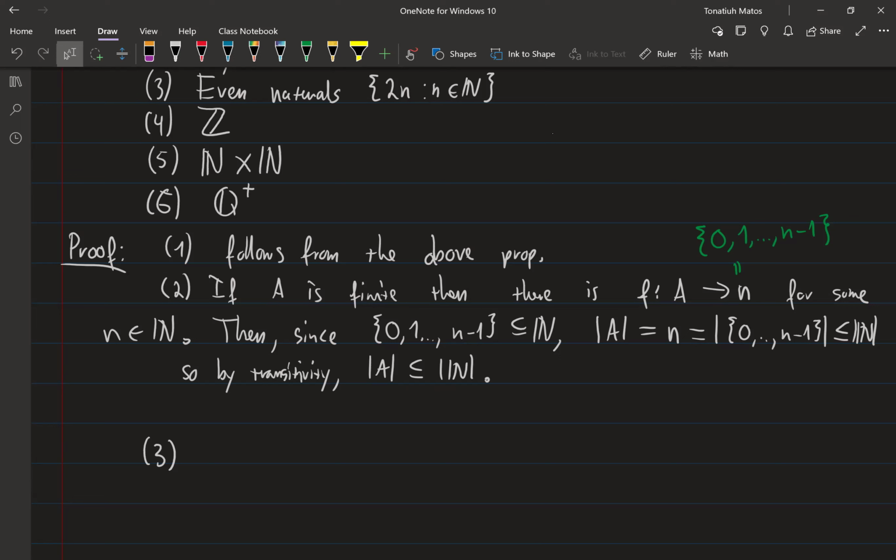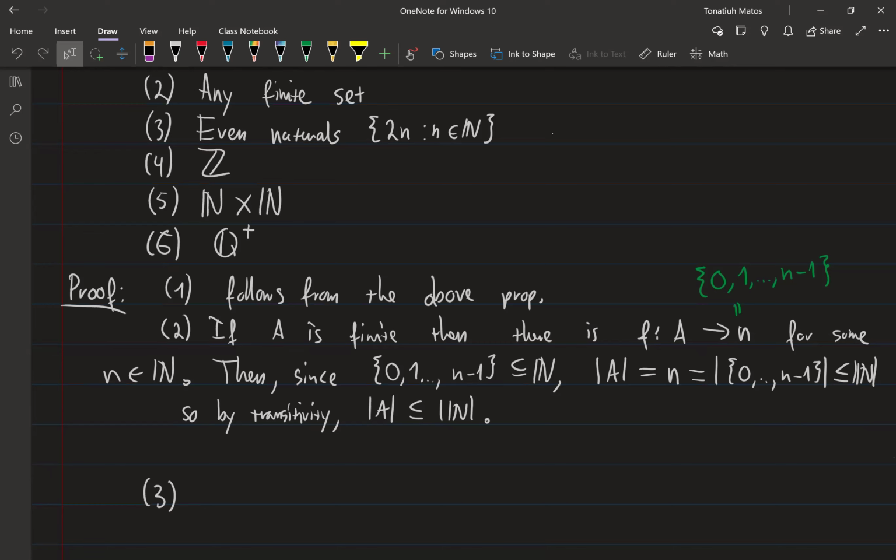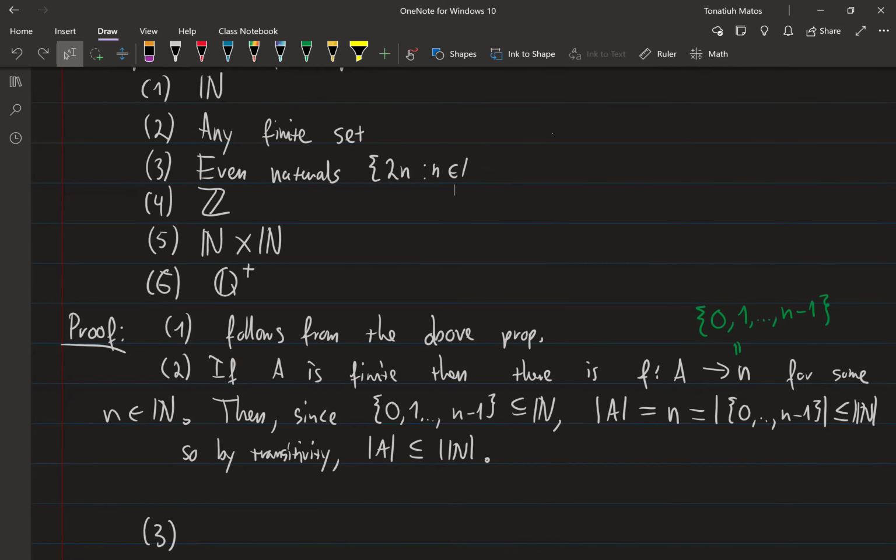So let me think of a way of making this harder. Maybe this isn't necessary. Yeah, let's just remove this. Do you want to keep this example? Even naturals are the same size.